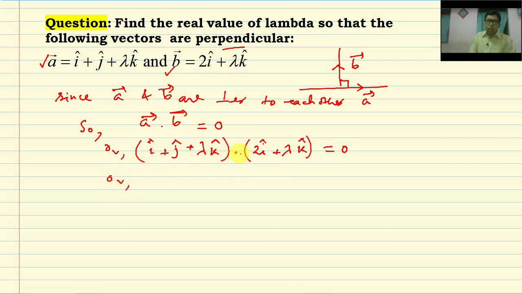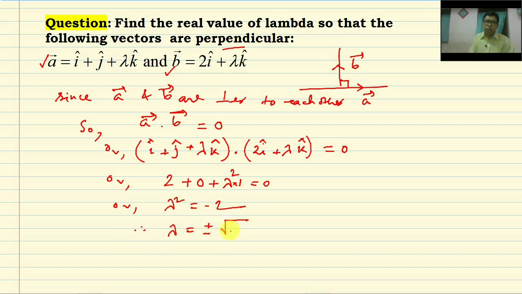So 1 into 2, that is 2, plus 1 into 0, there is no j, so 0, plus lambda into lambda, that is lambda square, is equal to 0. Or lambda square is equal to minus 2, therefore lambda is equal to plus minus root over of minus 2.